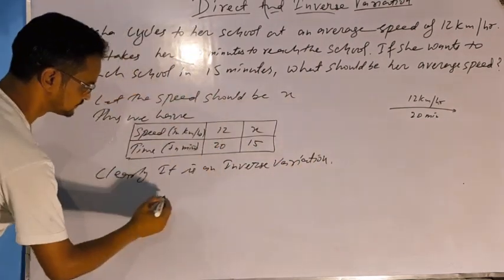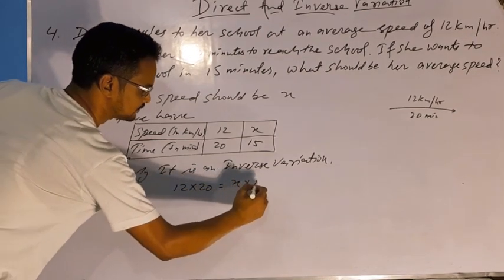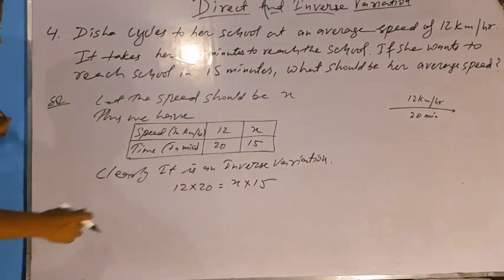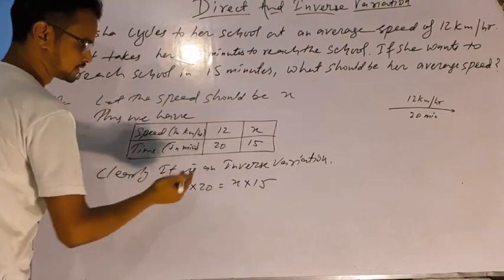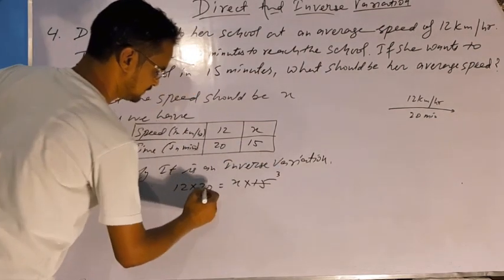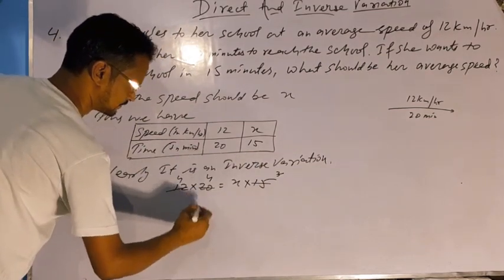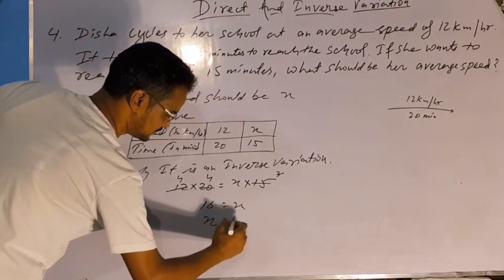Thus we have 12 multiplied by 20 is equal to x into 15. Solve. 12 into 20 equal to x into 15. Cancel it by 5: 5 threes are 15, 5 fours are 20, and this 3 fours are 12. 4 into 4, 16 is equal to x, or x will be 16.